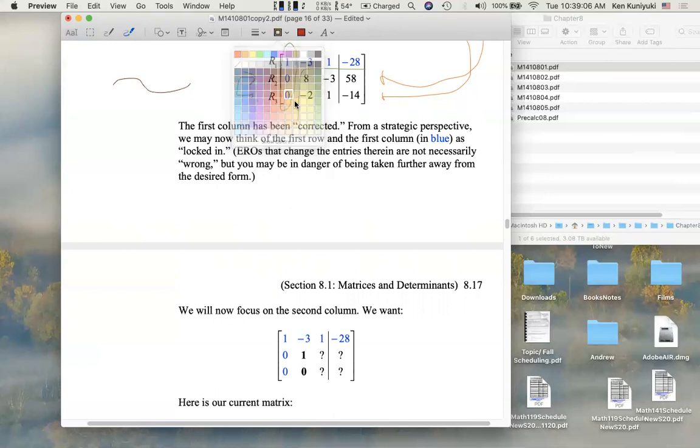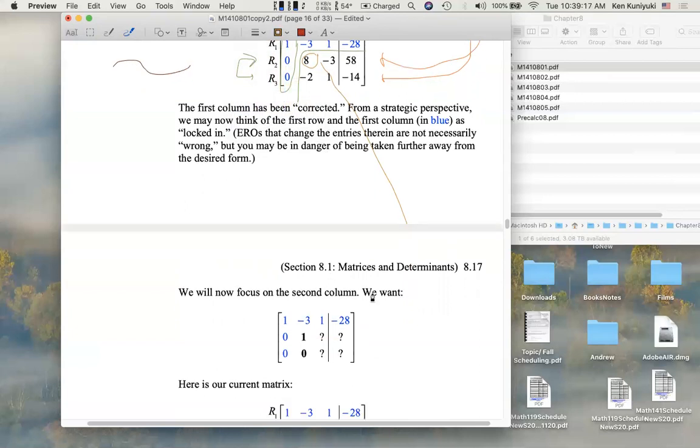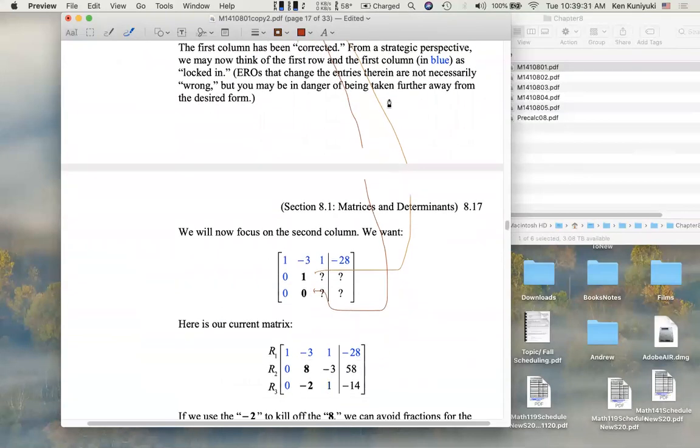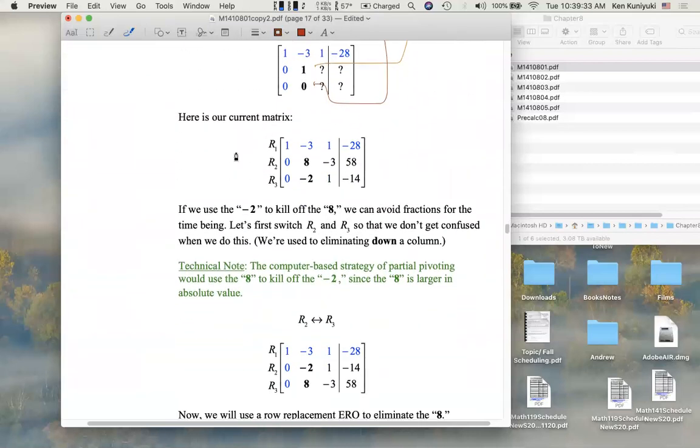Okay, in the center position, instead of an 8 in the center, I'd like to have a 1 in there instead of a -2. I'd like to have a 0. But first, I'm going to switch the 2 rows here, which I've indicated here.